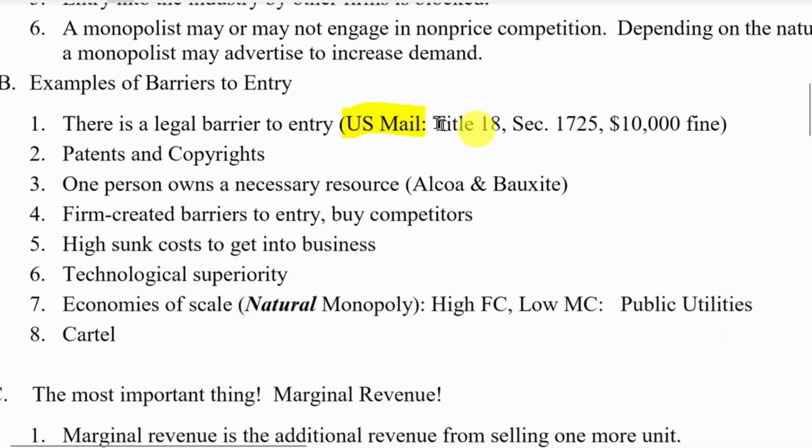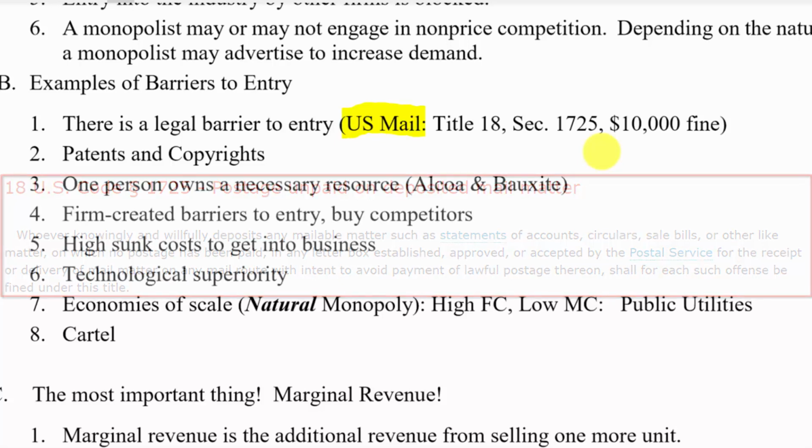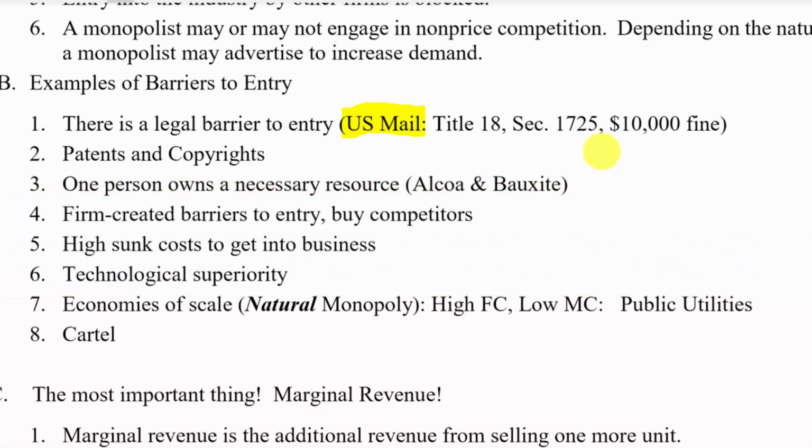And there's federal law, Title 18, Section 1725, and this law says that they're the only ones allowed to deliver first class mail. And first class mail means it's a letter in an envelope that gets put in a mailbox. So that's really what the U.S. Postal Service has a monopoly on, is putting things in mailboxes and taking things out of mailboxes.